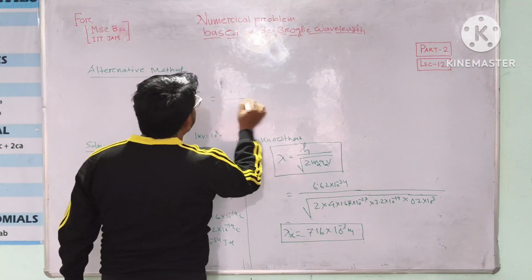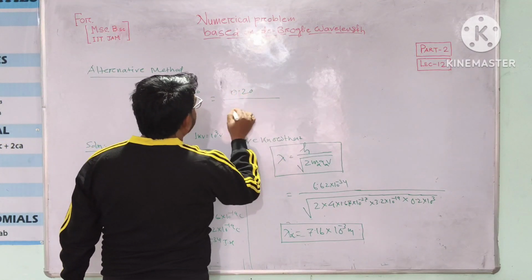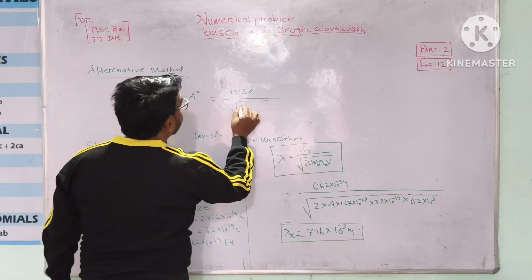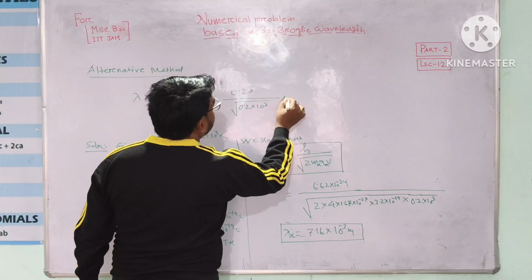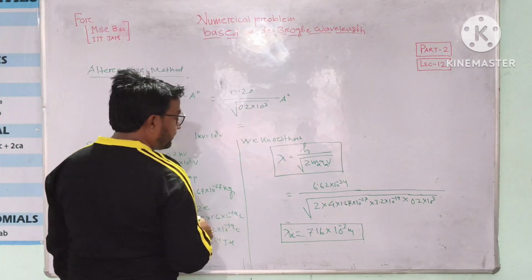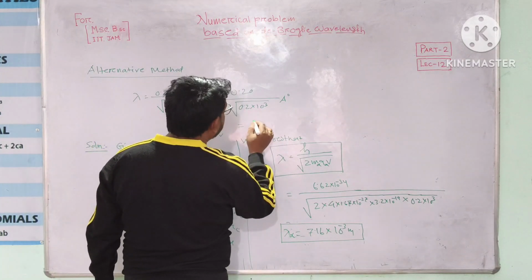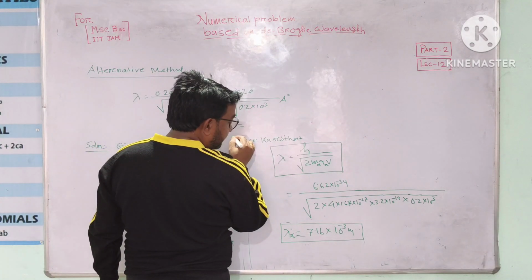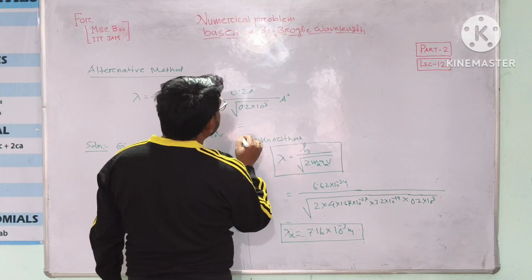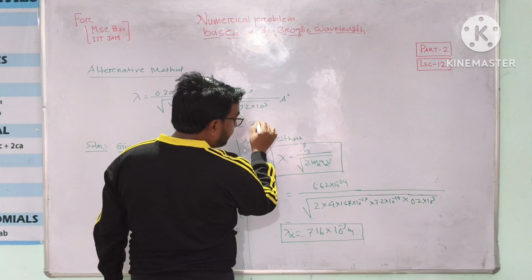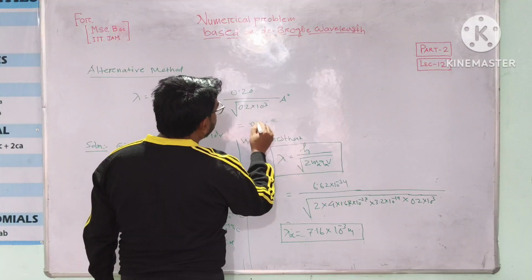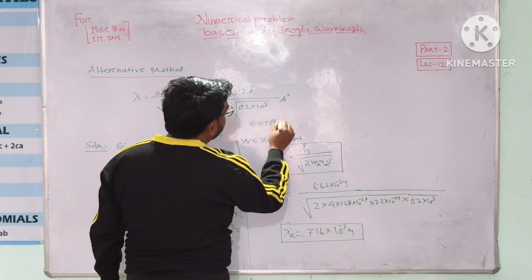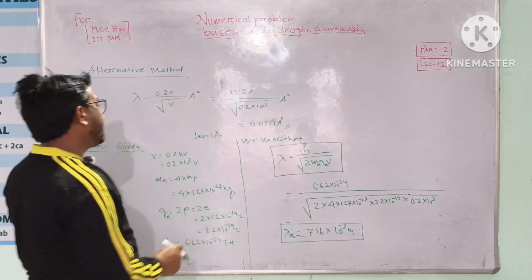So the value of 0.20 and under root of V, it means that 0.2 into 10 cube angstrom, and this is equal to 7.16 into 0.0271 angstrom.